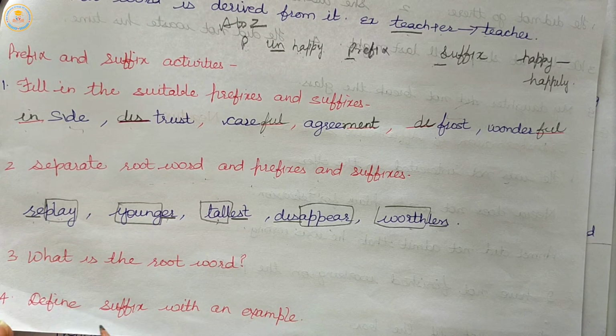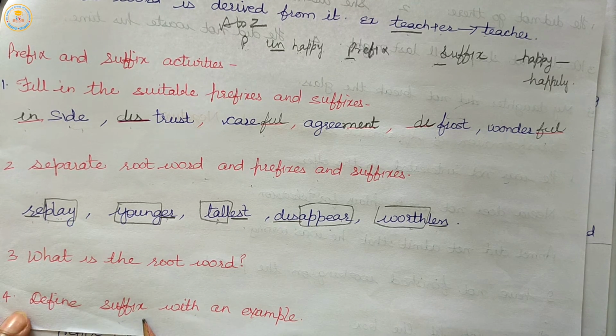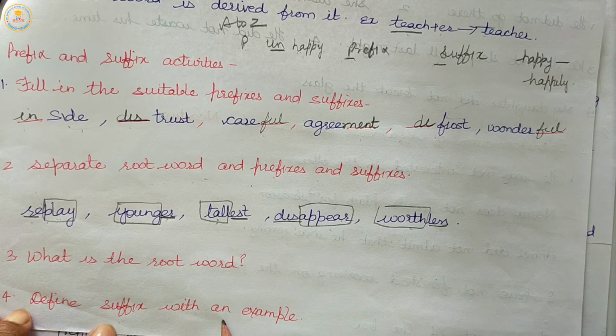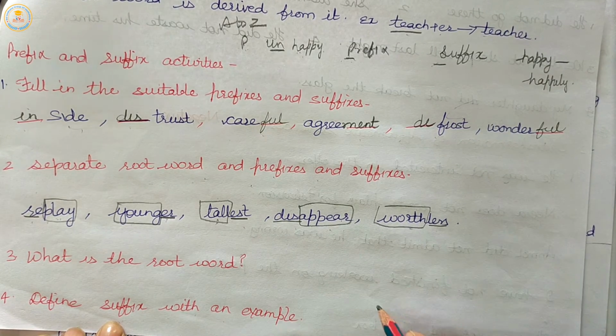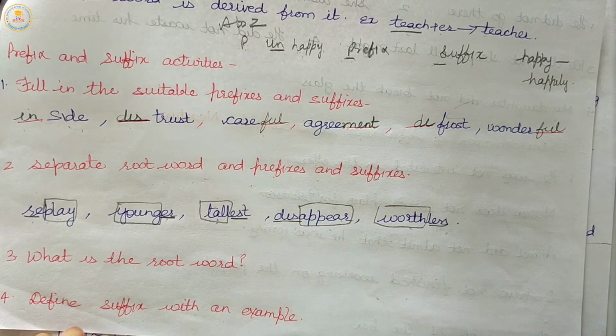So here next is define suffix with an example. Suffix means adding a letter or group of letters after the root word. And the example here, worth plus less, worthless, child plus hood, childhood.